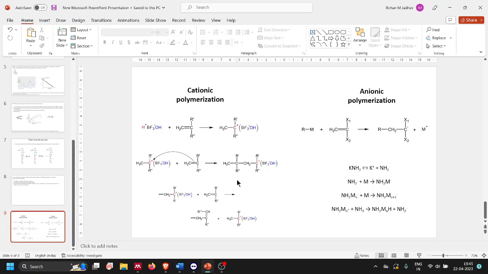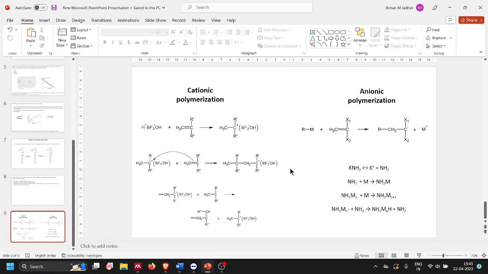Now moving on to the propagation step. In the propagation step, addition of the monomers to the active species occurs. The leftover monomers attach themselves onto the active species where the cationic body is present, and addition of more monomers on top of that gives growth of the chain. That is, the propagation will occur.